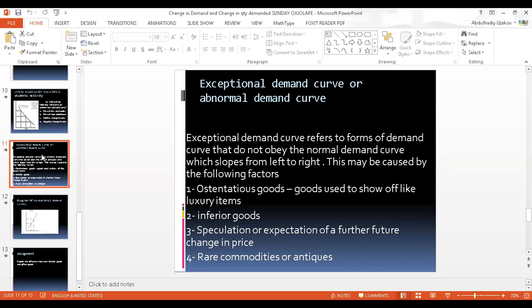So rare commodities and antiques fall into this category: despite the increase in price, people are still moving towards buying more and more of such items. So you will go on and look for more factors that will cause exceptional demand despite an increase in price or despite a fall in price.